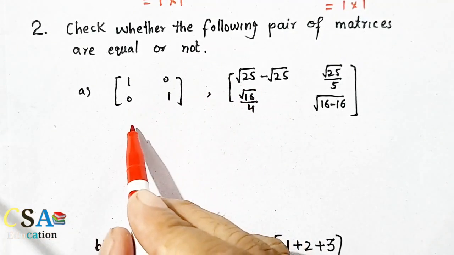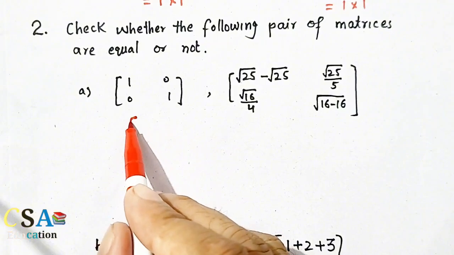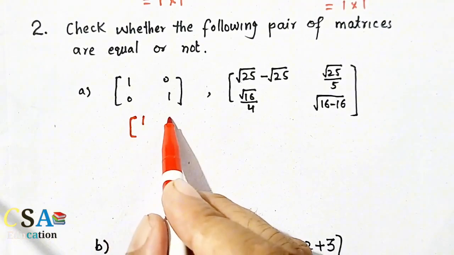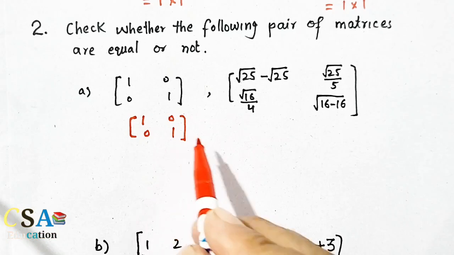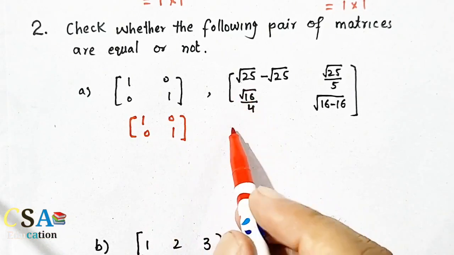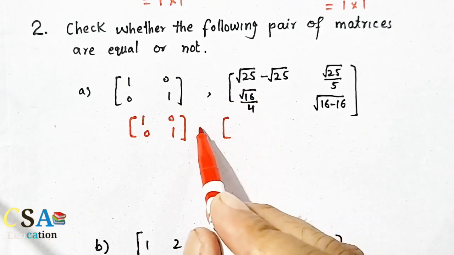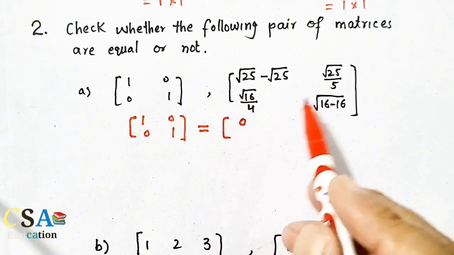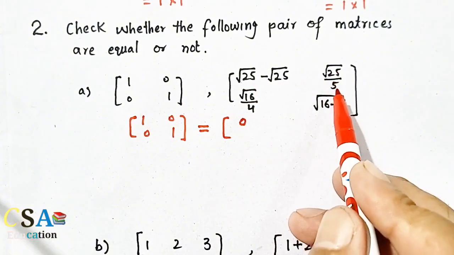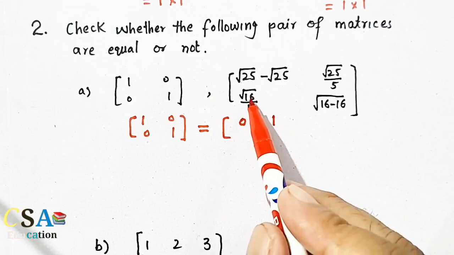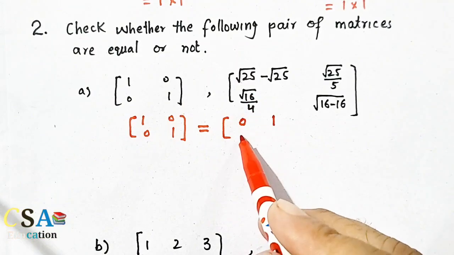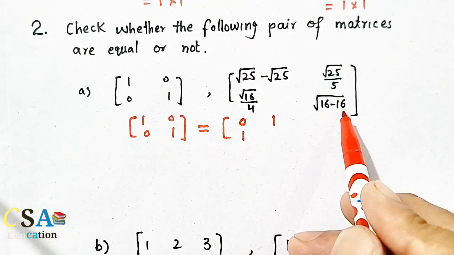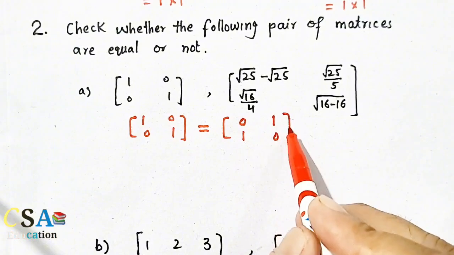This one is simple, so we can write it as it is, 1 0 0 1, and this one is 25 minus 25 will be equal to 0, and 25 square root is 5. 5 by 5 it will be 1. 16 square root is 4. 4 by 4 is 1, and 16 minus 16, 0, 0 square root will be 0.